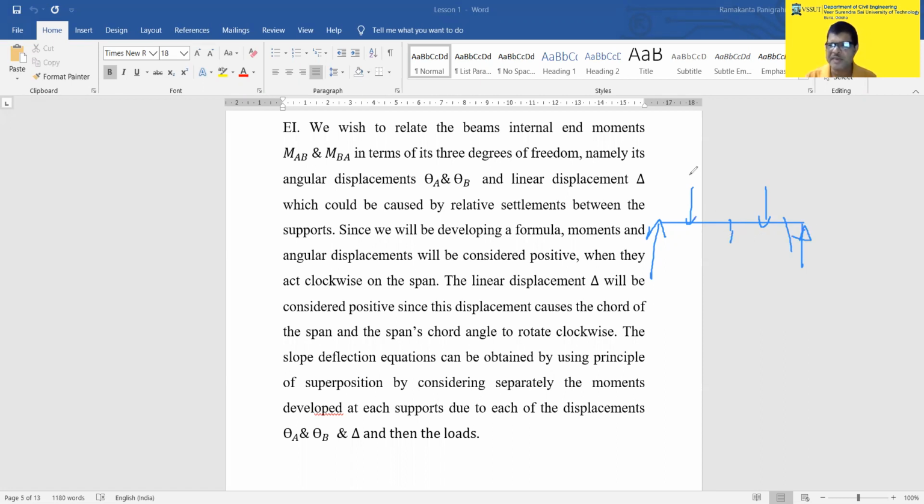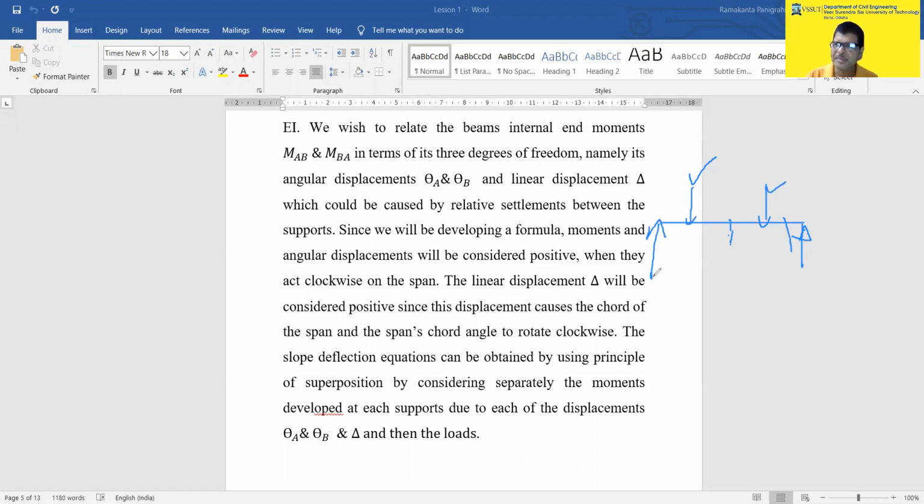I can calculate the deflection due to this load at this point, then the deflection due to the other load at this point, and combine delta 1 plus delta 2, or I can put these two loads on simultaneously and find the value of delta here. In both cases, they will remain the same. So the principle of superposition holds good up to the elastic limit. Since we are working within the elastic limit in these calculations, the principle of superposition can be applied.